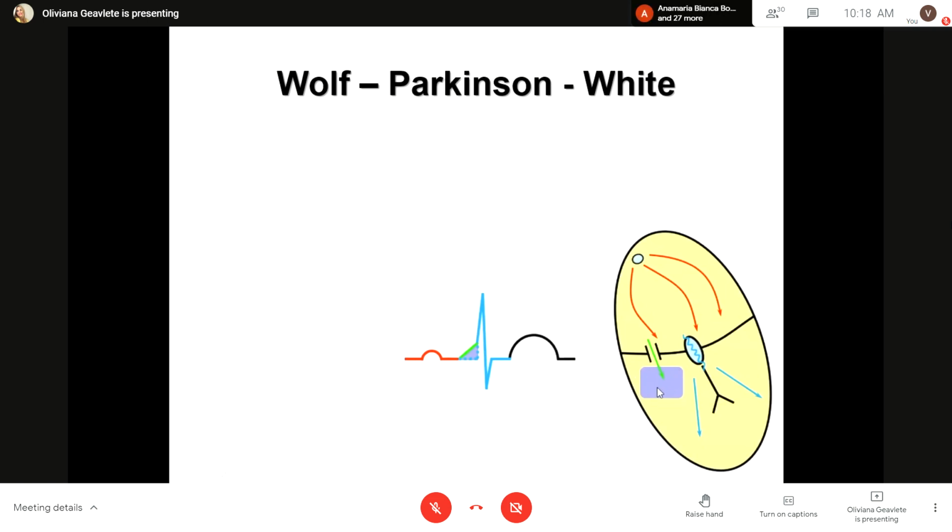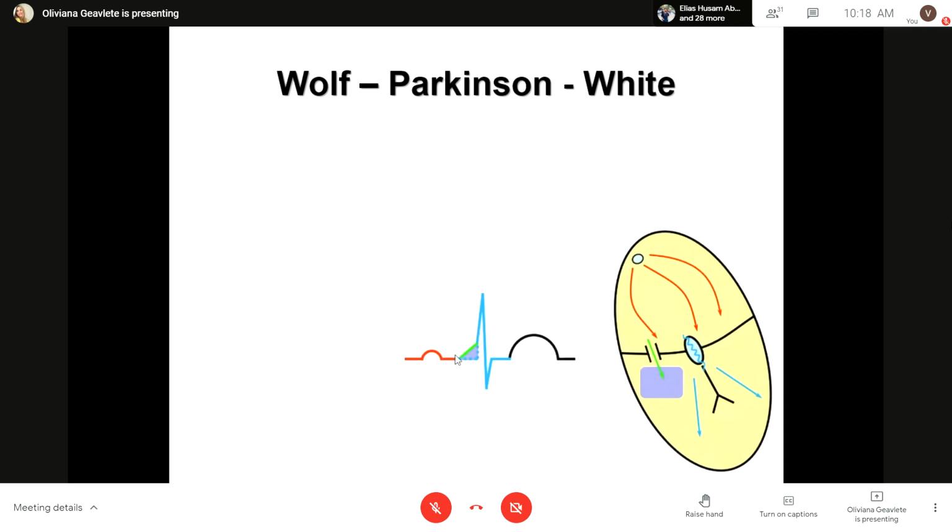The accessory pathway is conducting. This is working myocardium. It is not specialized AV nodal cells. So that is why you do not have any delay. You don't have the AV nodal conduction.